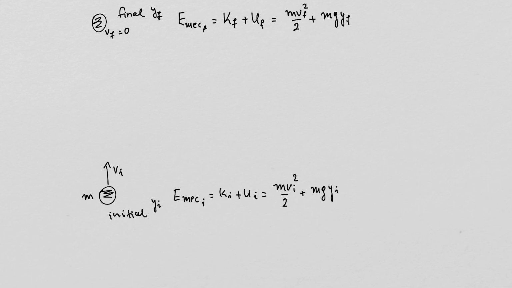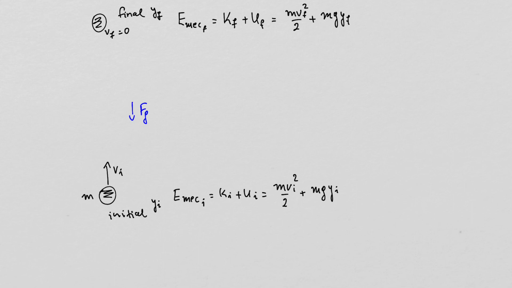And now, since there is no air resistance in this particular situation, we ignore it. That means that there are no non-conservative forces in the system. There are only conservative forces, and that is the gravitational force, which is directed like so.